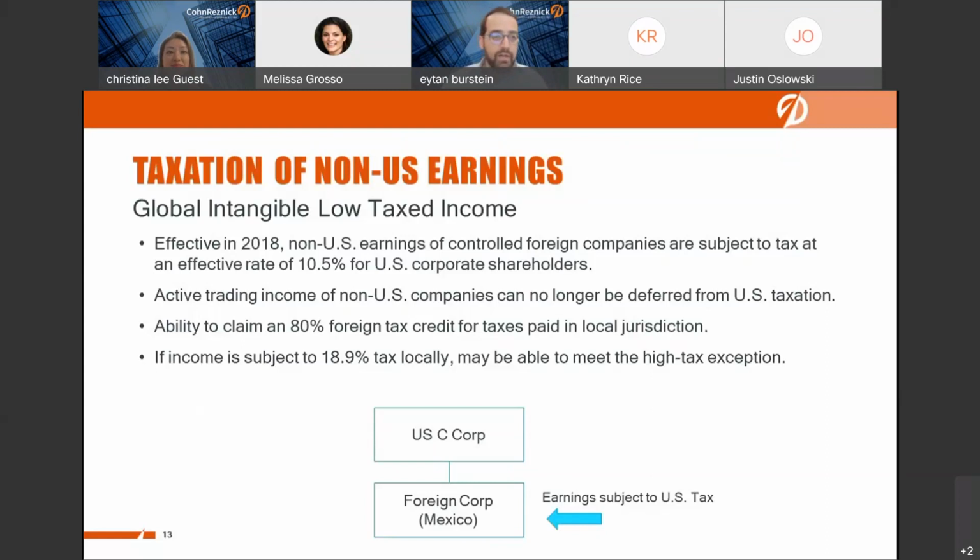It's a 50% haircut on the GILTI amount, as well as the ability to claim 80% of the foreign tax credits that are paid in the local jurisdiction. So while there's definitely an opportunity to minimize the GILTI tax in the US, either through credits or some various other tax planning ideas, which is beyond the scope of this discussion, it's certainly something to be very cognizant of, and certainly a major impact to US shareholders of controlled foreign corporations.